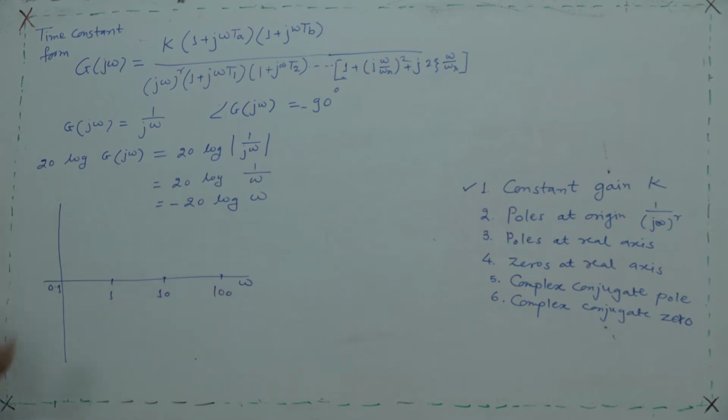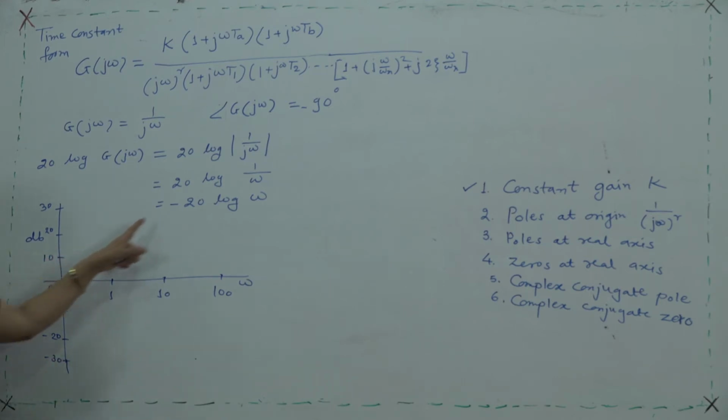On the y axis it is in dB. So, consider 10, 20, 30, minus 10, minus 20, minus 30.